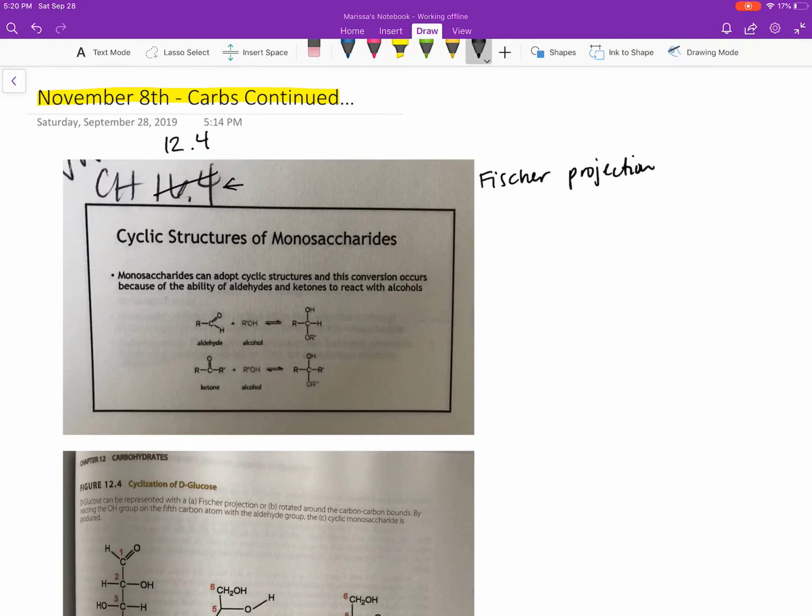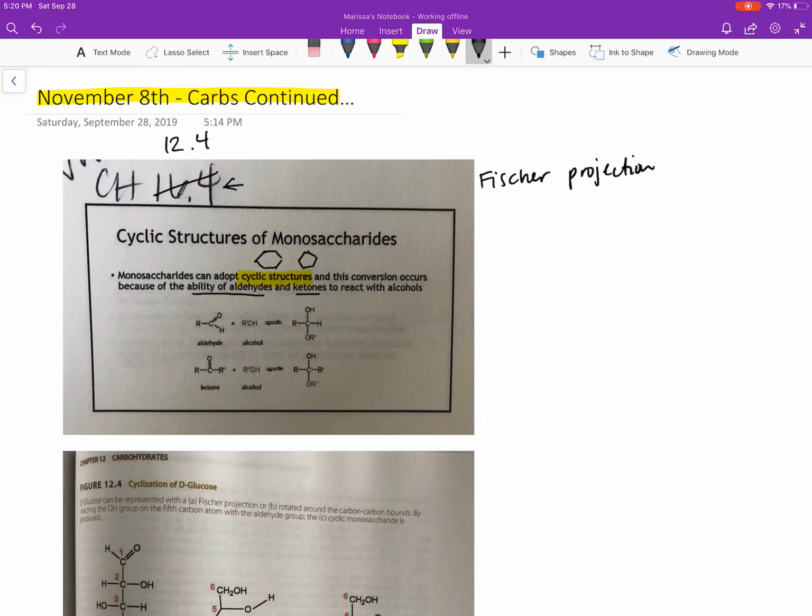But monosaccharides can adopt what's called a cyclic structure. A cyclic structure means it's in the form of a cycle or a circle, and they can be either 5 or 6 membered rings. The conversion occurs because of the ability of the aldehyde and the ketone.